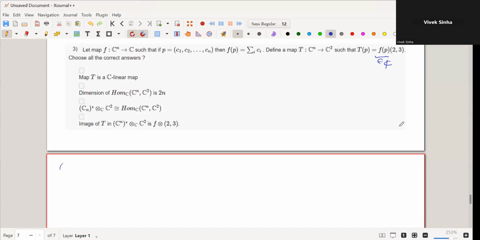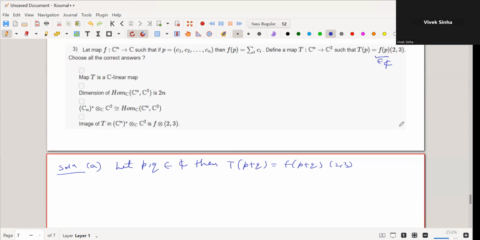Let P, Q belong to C^n, then T(P+Q) is F(P+Q)(2, 3).